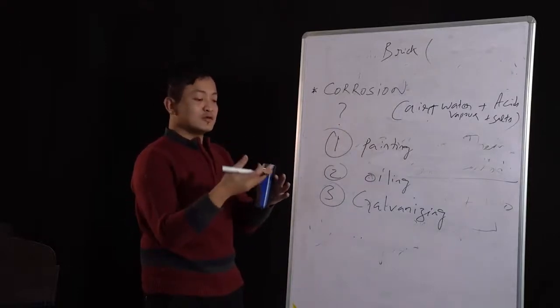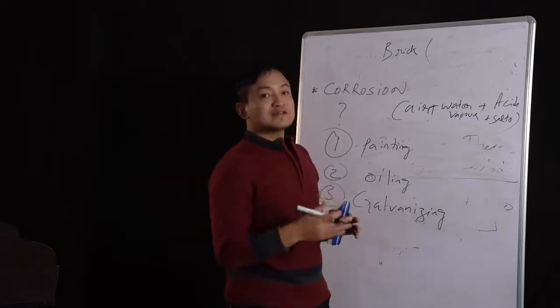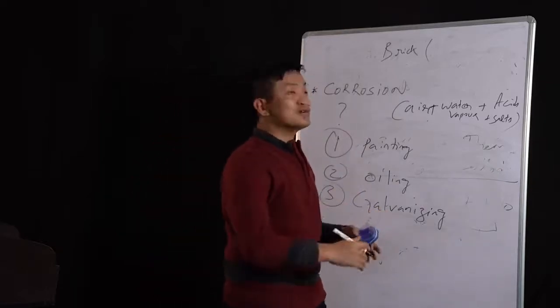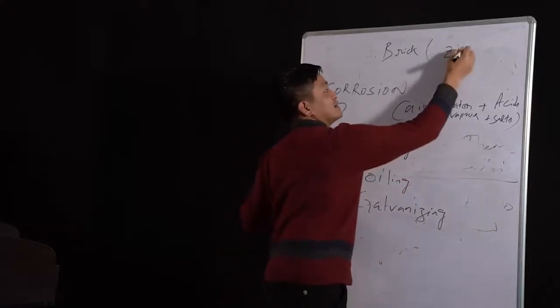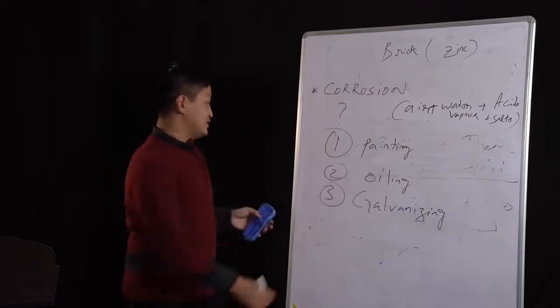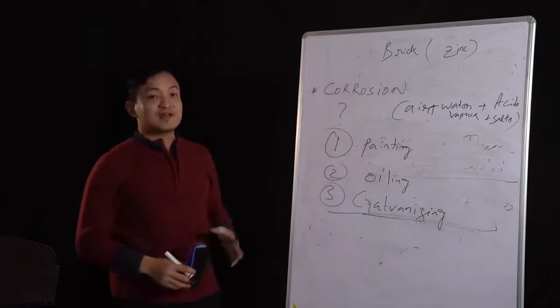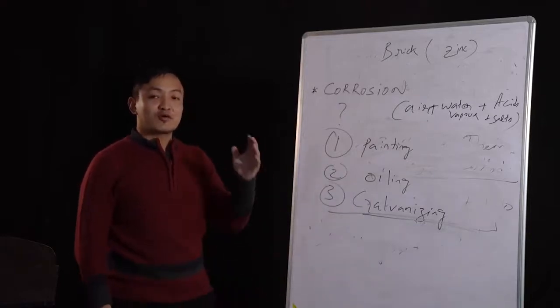Locally we call it tina. Why does it look shiny? Because it has been coated with zinc. So it comes under galvanization. So the third process also we can apply to prevent the metal from getting corroded. Clear?